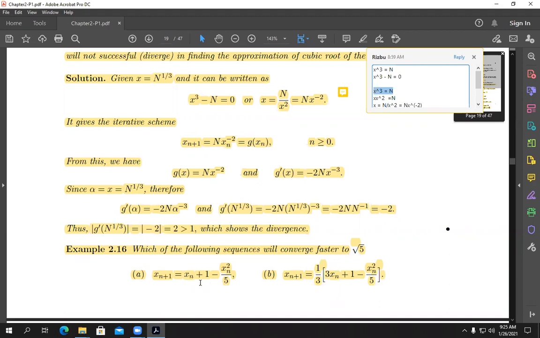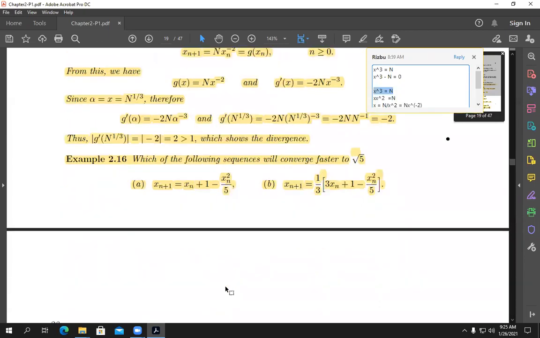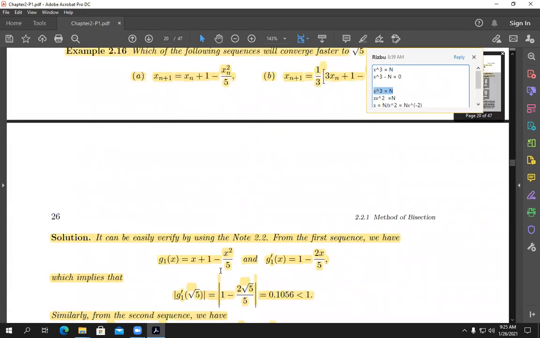So what is G1? G1 is x plus 1 minus x square by 5. I take the derivative, which is 1 minus 2x by 5. Check the derivative at alpha, which is 0.1056, which of course should be less than 1. The teacher already said it converges.